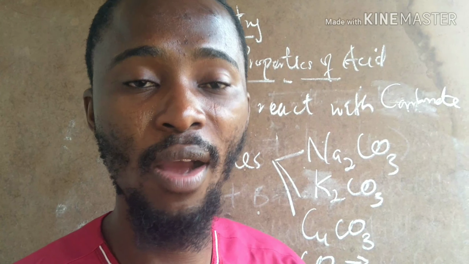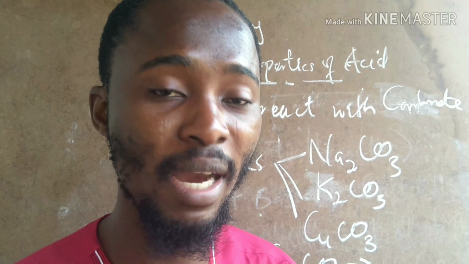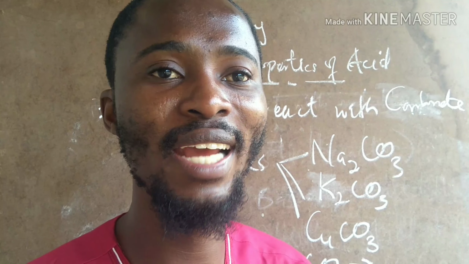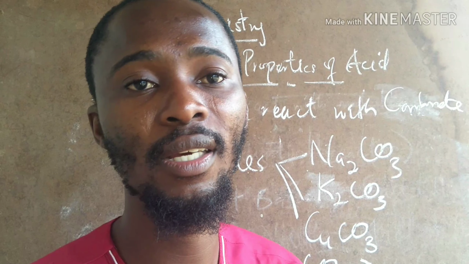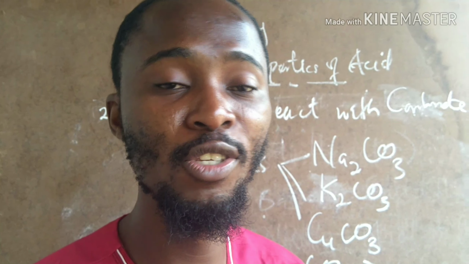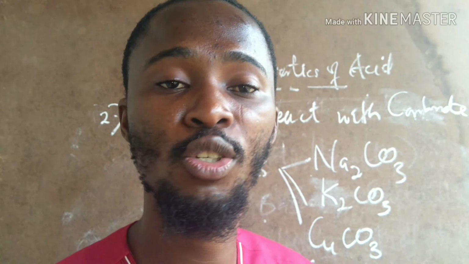I said, however, there are still exceptions. We have magnesium and manganese, which are strong reducing agents that when they react with nitric acid, they will liberate hydrogen gas. Why? Because magnesium and manganese are strong reducing agents.